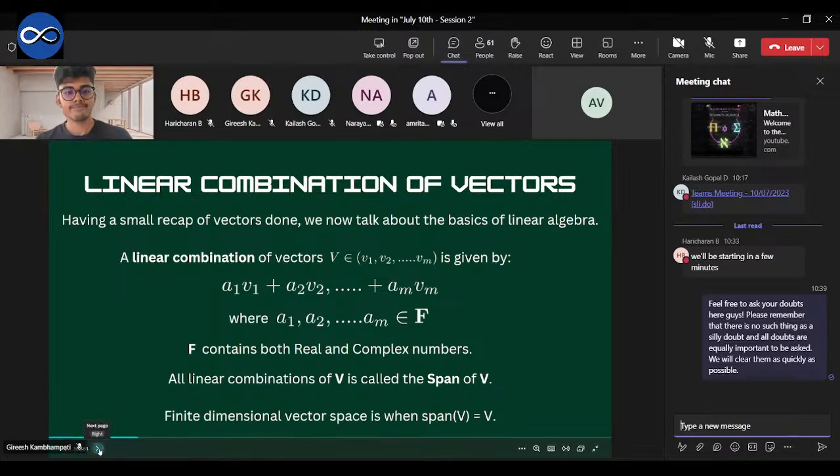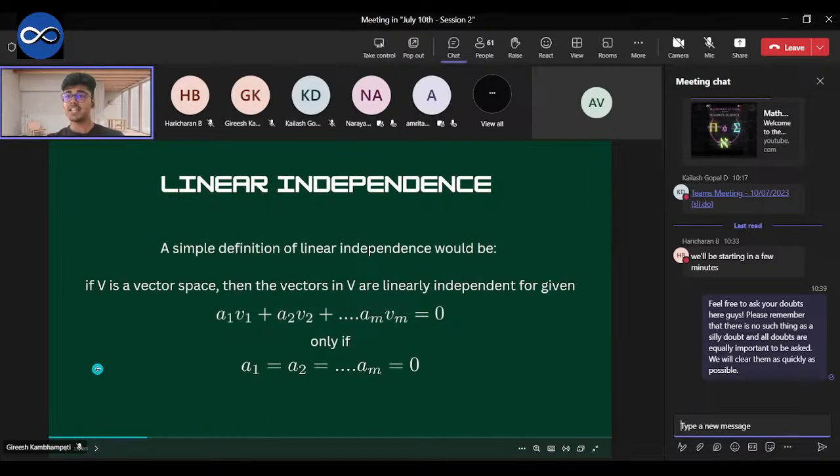Okay, next slide. Linear independence. Now that you have a set of vectors V, I want to know if these vectors are really dependent on each other. Can one vector affect the other? Can one vector be dependent on another set of vectors in the same set?